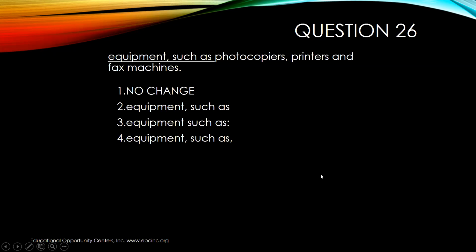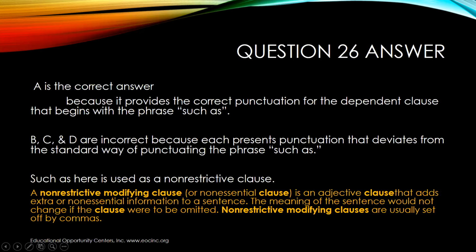She would have won. Yep, and I think Janae did too. So we have a D and a B. In this one, it's a no change. They like it exactly as it's written. Equipment, comma, such as copiers, printers, and fax machines. So this is that punctuation that you want to kind of review.